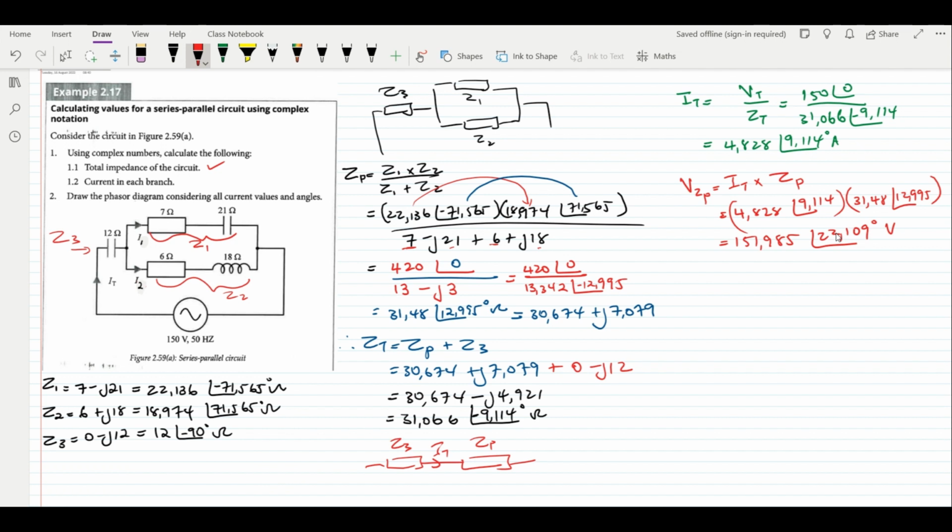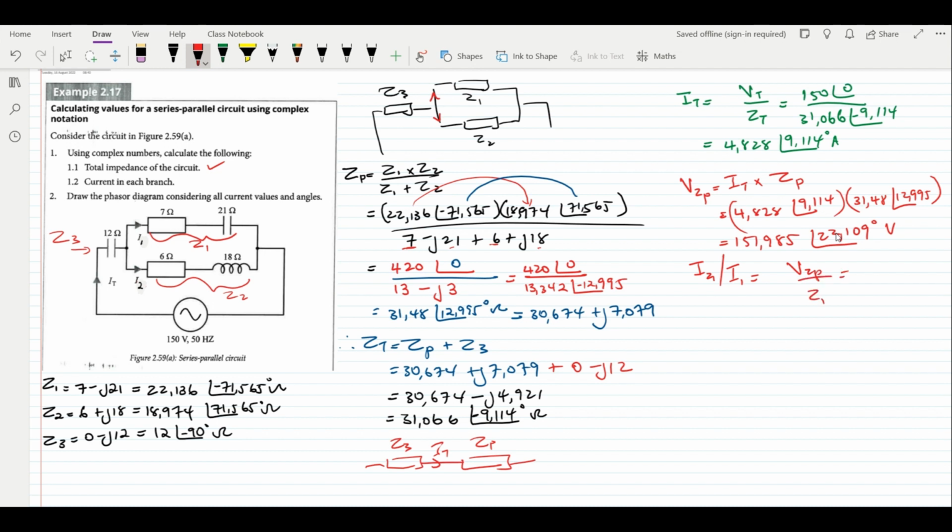So we can now calculate the voltage across Z1 and the current across Z1 and the current across Z2, because we know that when two resistors are connected in parallel, they share the same voltage but different current. So we're going to call that IZ1, or just simply I1, which is going to be equal to VZP over Z1.